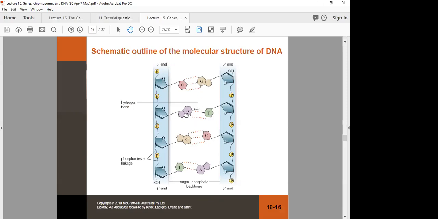And the same thing applies to the other nucleotides. We've also seen that these bonds here that enable each nucleotide to be joined to the next nucleotide within a strand of DNA are called phosphodiester bonds or phosphodiester linkages.